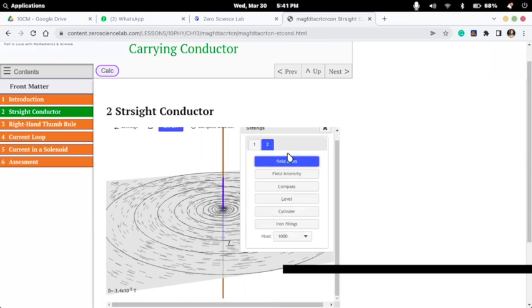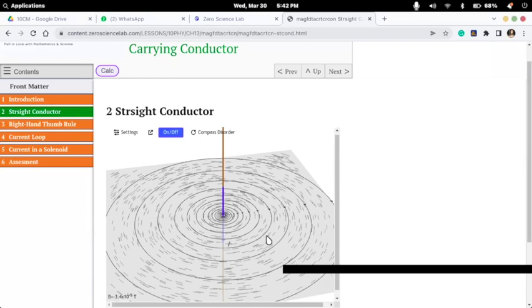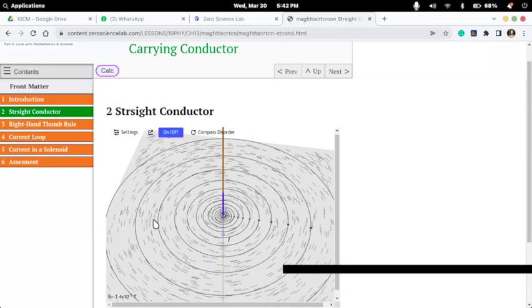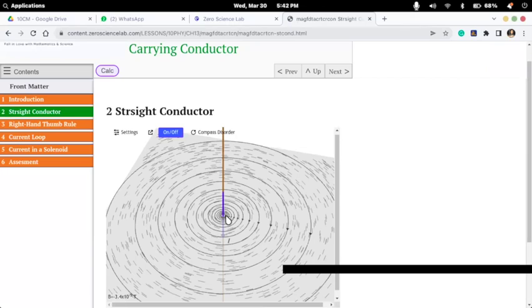You can see how the field is. What are the field lines? How are they looking? They are concentric rings, right? Yes, sir. As we move away from this line or this brown, these lines are getting more and more distant, right? Yes, sir.